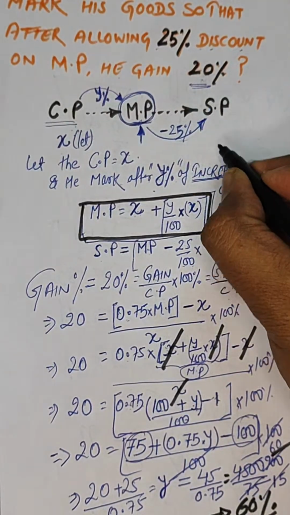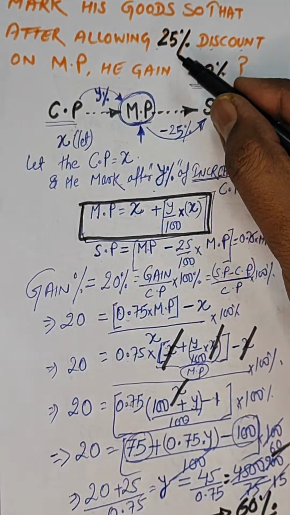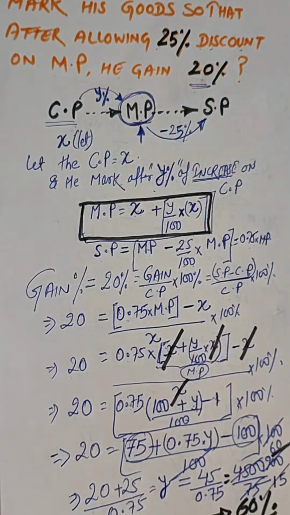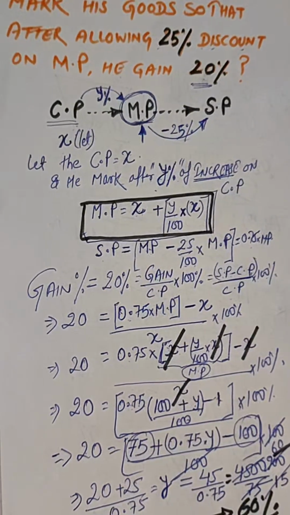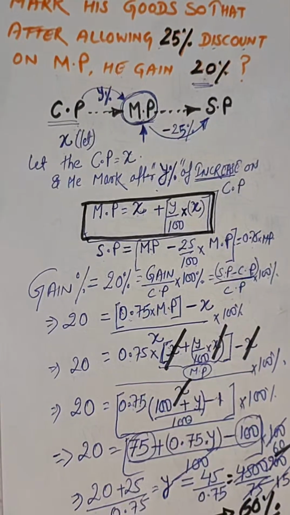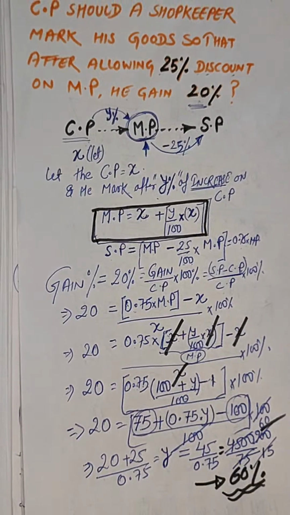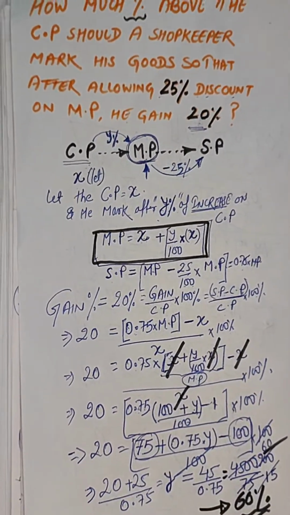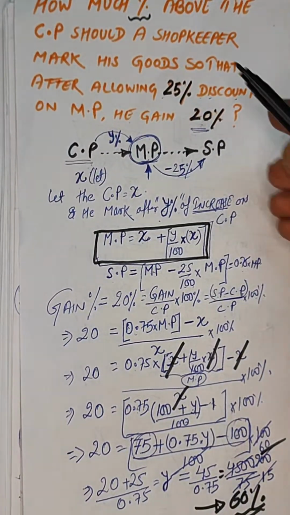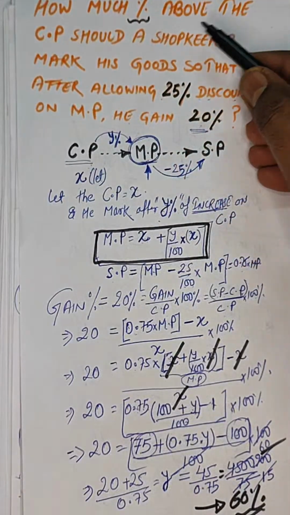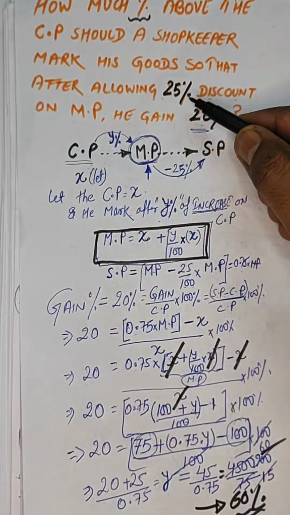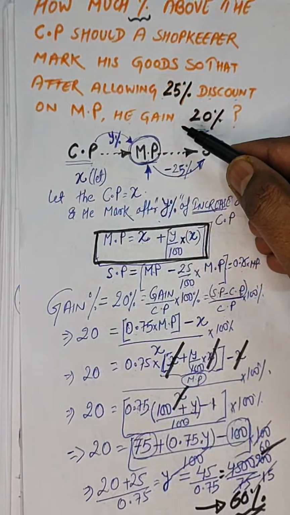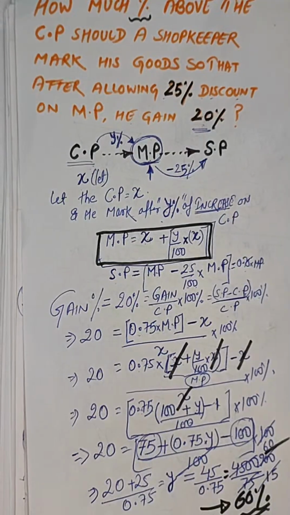The question was how much increase in the cost price was there. You can read the question again: how much percentage above the cost price should a shopkeeper mark his goods so that after allowing 25% discount on MP, he makes the profit.